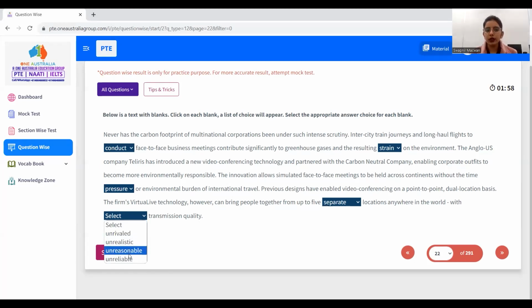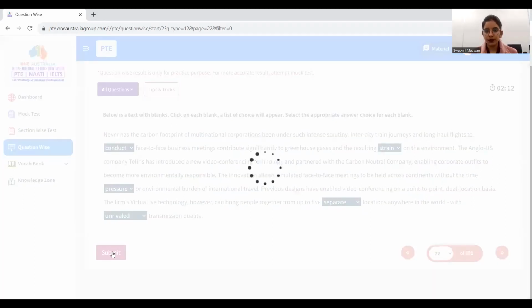The word related to extraordinary or very good is unrivaled, meaning better than others. So it's extraordinary or good transmission qualities.